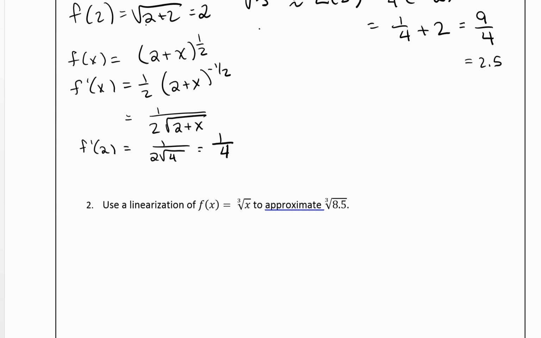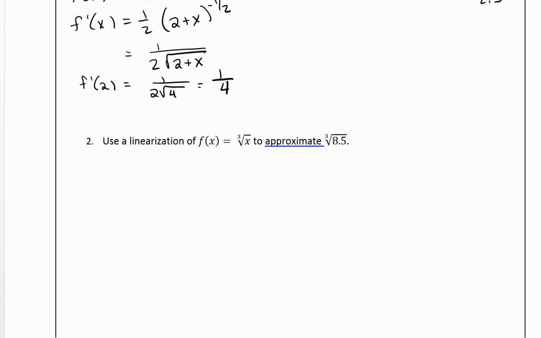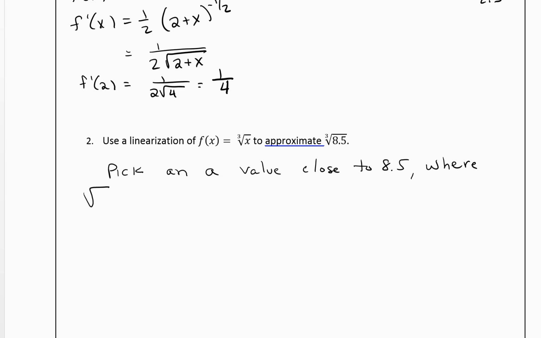Okay, so this says use the linearization of f of x equals the cube root of x to approximate the cube root of 8.5. So what we need to do is pick an a value, since it doesn't give us one, close to 8.5, where the cube root of a is easy to determine.